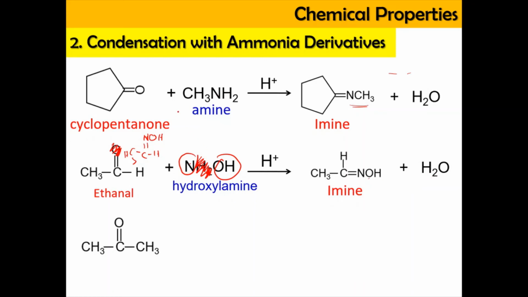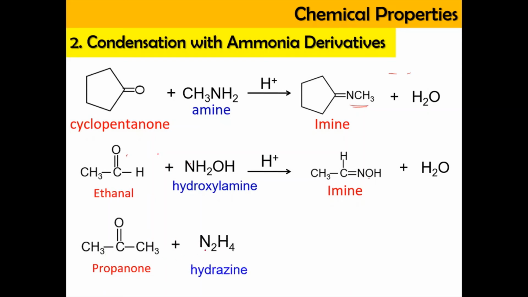Okay, so we're going to do the other one, which is down here. So here we have propanone because of 3 carbons, and then we're going to react it with N2H4, which is hydrazine. Okay, so N2H4 is basically N and N attached together, and then it has H2 and H2 here. So as mentioned, we're going to remove two hydrogens and we're going to remove oxygen here.